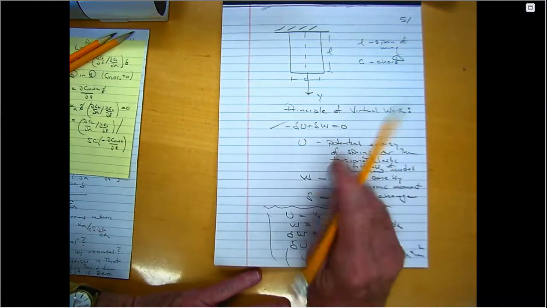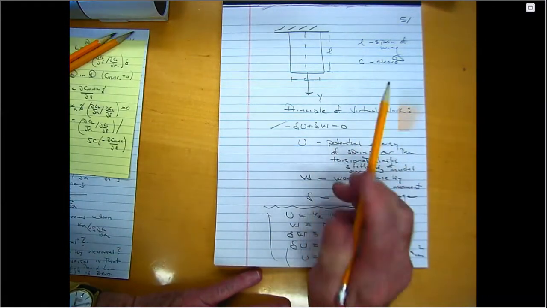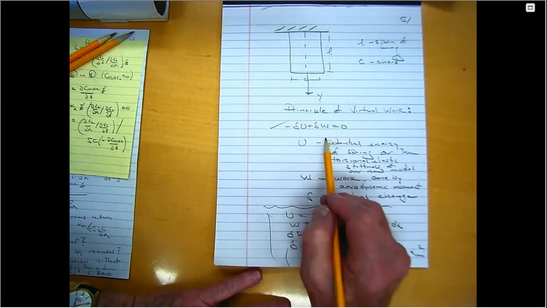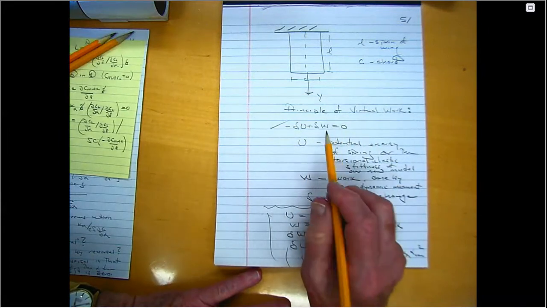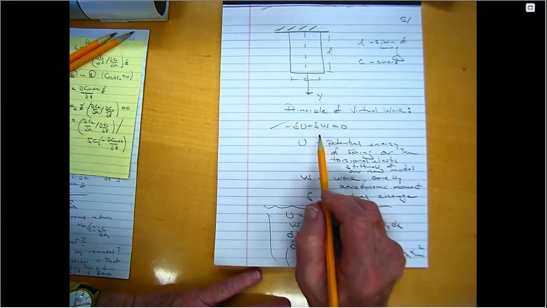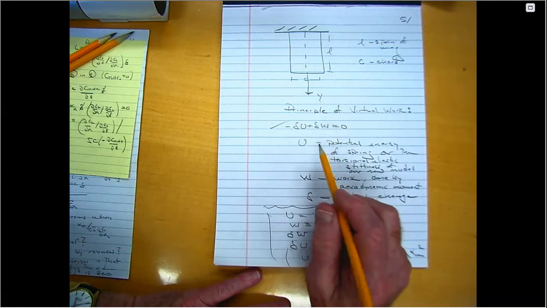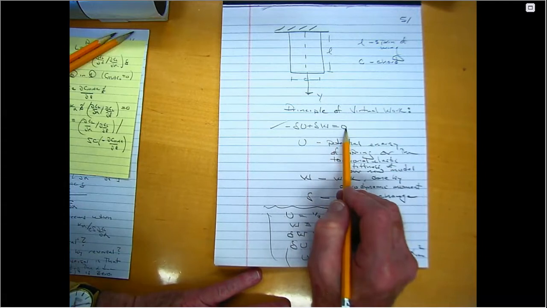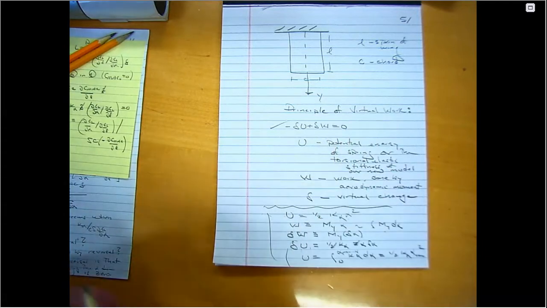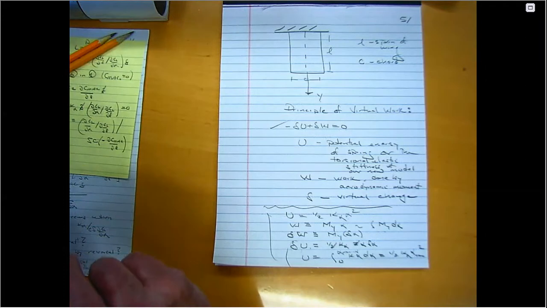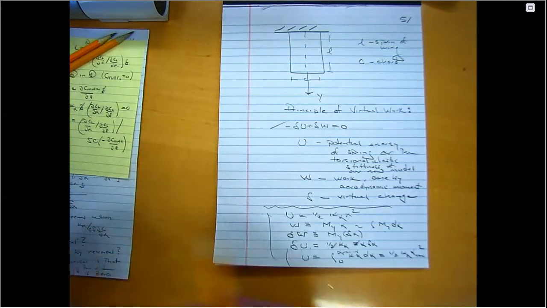Well, depends on how you feel about it, but most people would say this is a more efficient way of constructing the equation of motion using the principle of virtual work. You still with me? Okay.